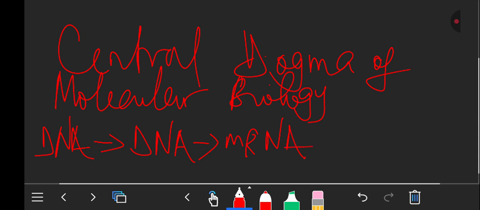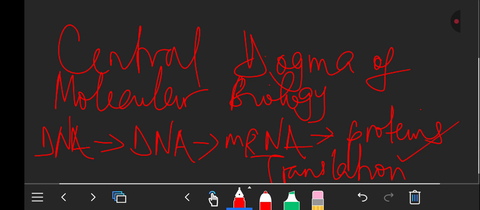Now this mRNA is the one which is going to form proteins. Then proteins have to be made. The process by which proteins are made from mRNA is what we are calling translation. And in this session, this is our focus: translation.